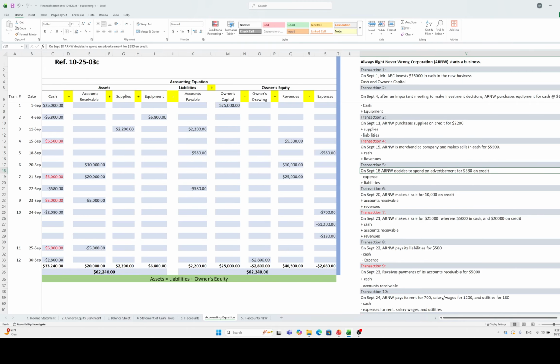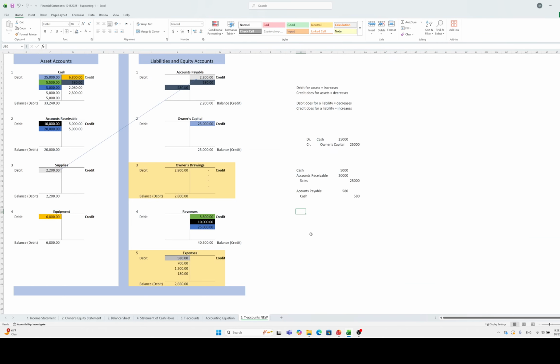That means the company does advertisement for 580, and they say, I'm going to pay this later. So that's why accounts payable. So this one correlates to this one.